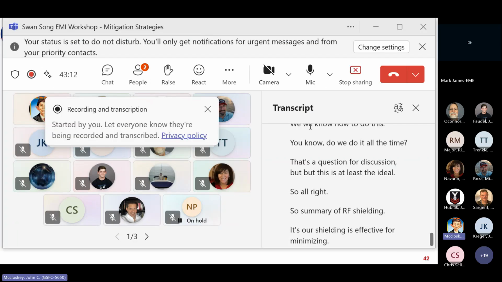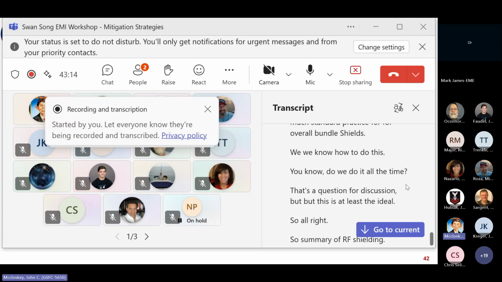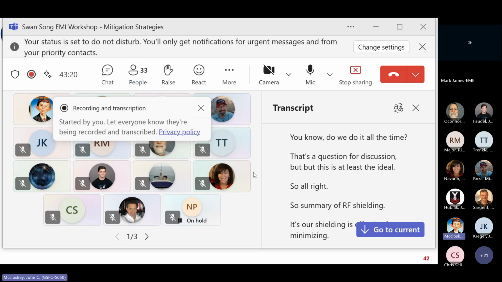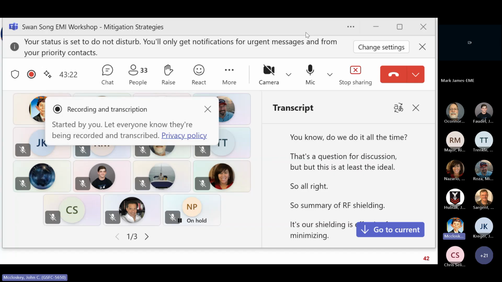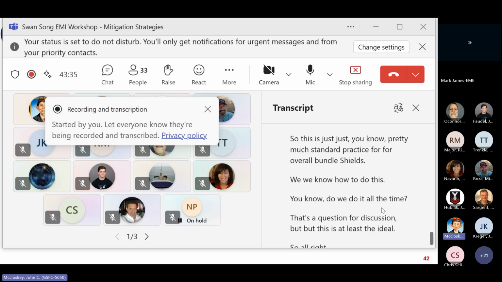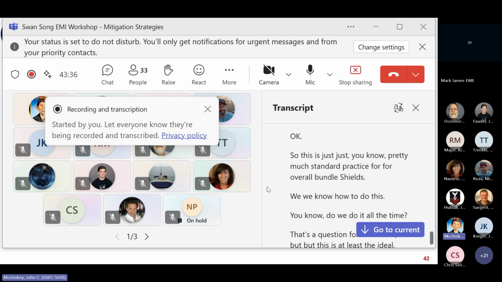Nelson is waiting in the lobby. Can anybody let Nelson in? I keep trying to let him in, and he's not able to get in. Sorry about this. Just click out of the bottom there. You want to go to focus on the PowerPoint window, underneath that Teams window.